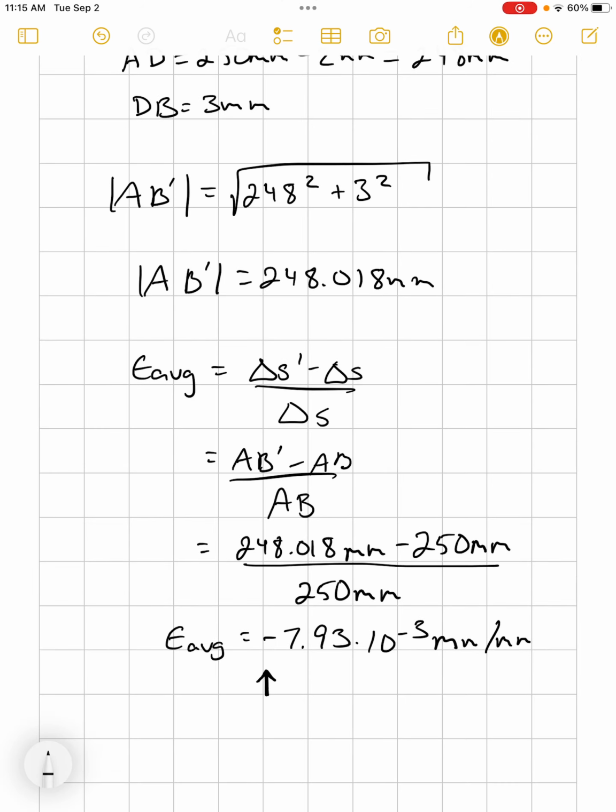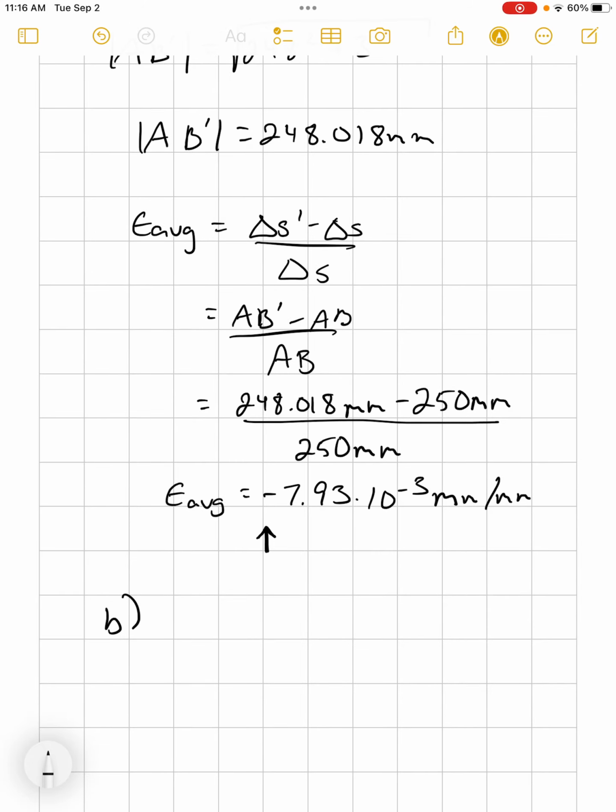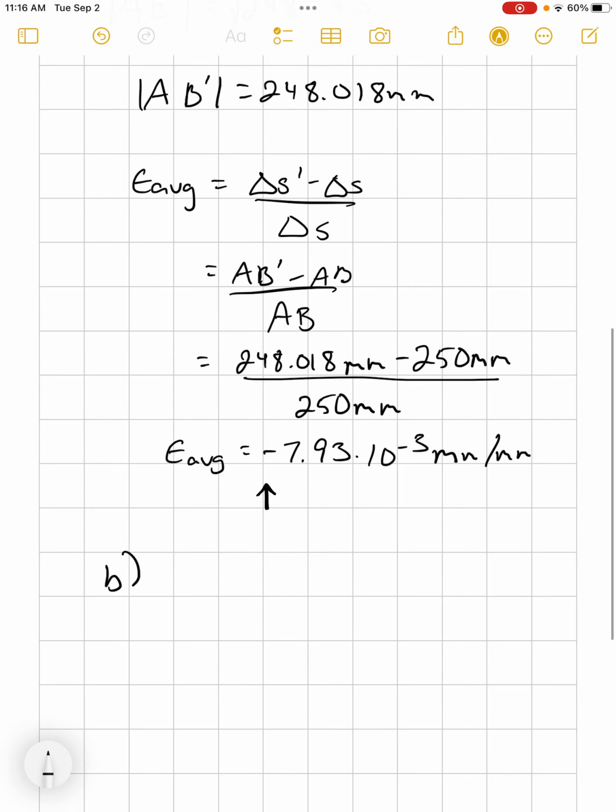Why do we have a negative there? That basically means that our total length is shorter than the original length, so that means we have contraction. Okay. For the second part of this, we want to find the shear strain on the plate relative to the x and y axes. So basically, shear strain is the change in angle that occurs between two lines that were originally perpendicular.